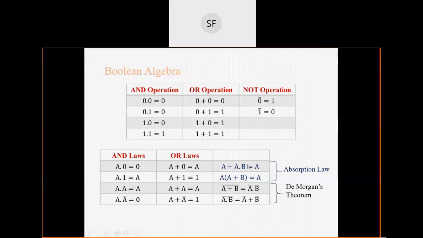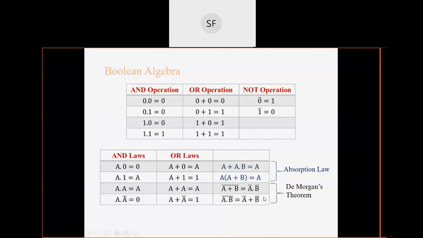Then again, some laws are there other than AND and OR. The first two laws are the absorption laws. We will see that. And then De Morgan's theorem. This is just for information.